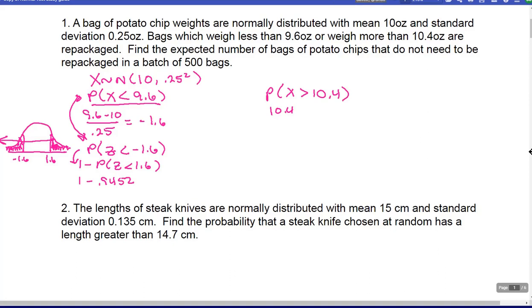But if I do 1 minus that, I'm going to get my answer as being 0.054799. Now, is that what you got when you did this? Yeah. Exactly. Like I said, this is going to get you the right answer.